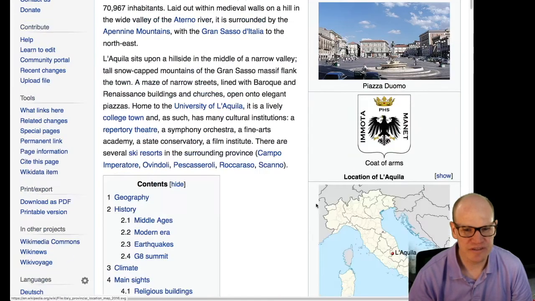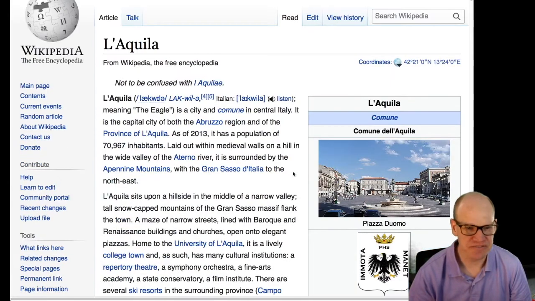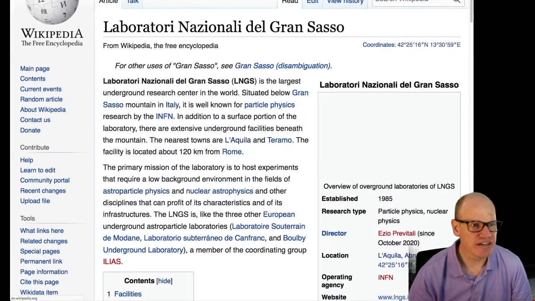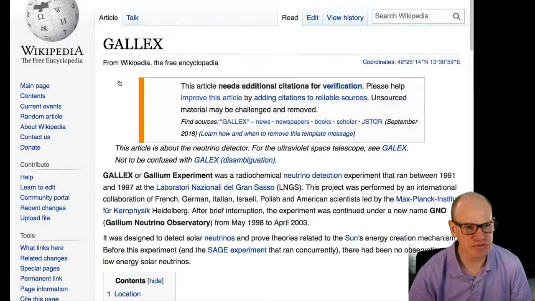Maybe this will have it on a map. Yeah, okay, so there it is. There are the Apennine Mountains that run along the length of the boot of Italy, and it's right there, L'Aquila, which I think means the eagle, because Aquila is the eagle constellation. All right, so GALLEX was the one that was run at Gran Sasso, and SAGE was this Russian-American one.